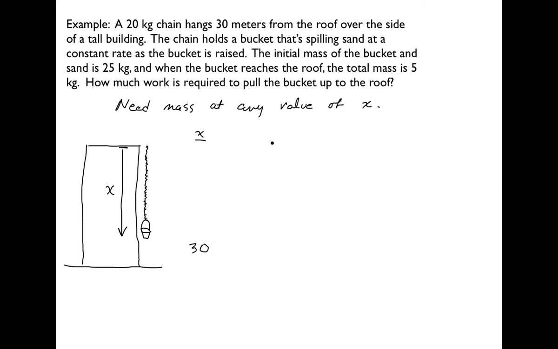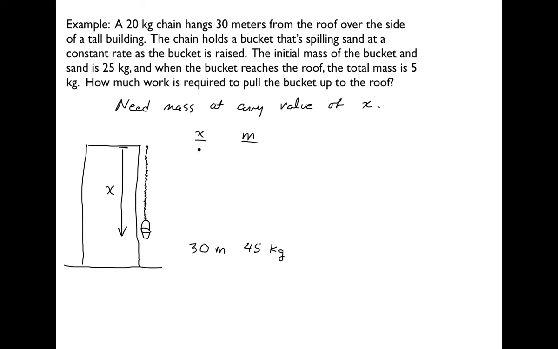So what is the mass? 45. And how are you getting 45? We know the bucket of sand is 25 kilograms. The chain is 20. Okay, so you just add them together. So when x is 30 meters, the mass is 45 kilograms. Okay. So if the sand is spilling at a constant rate and the chain's mass is constant as you go across, then we can look at what happens when x is 0.